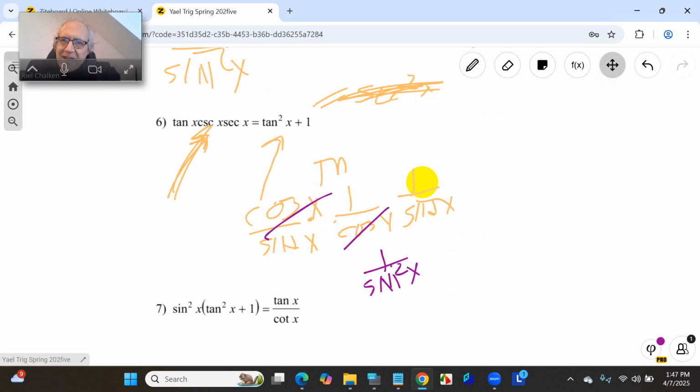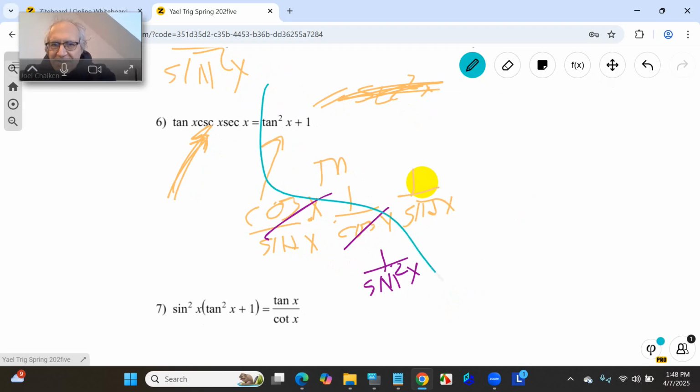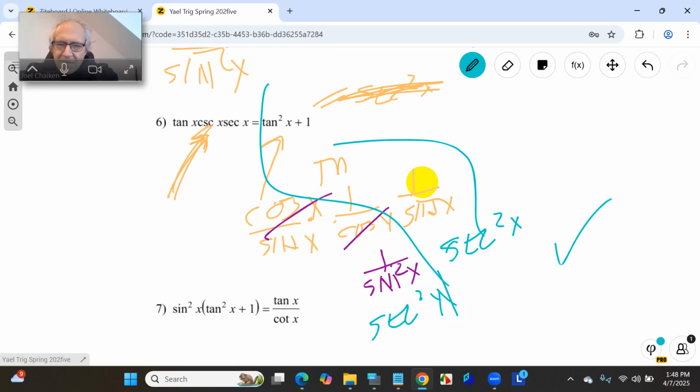If the teacher allows you to work on both sides, then you would bring in the Pythagorean identity and write this as secant squared x, and then you would notice that this is secant squared x, and you would get it right. See that?